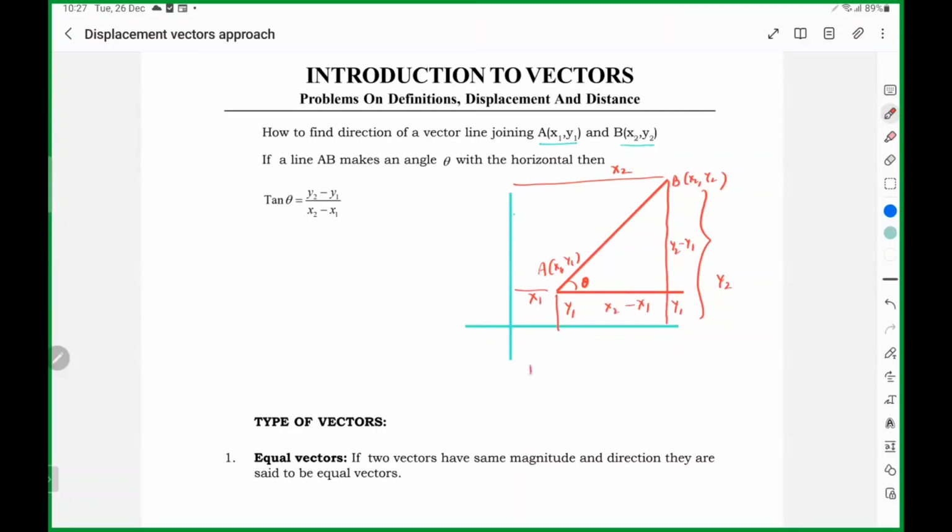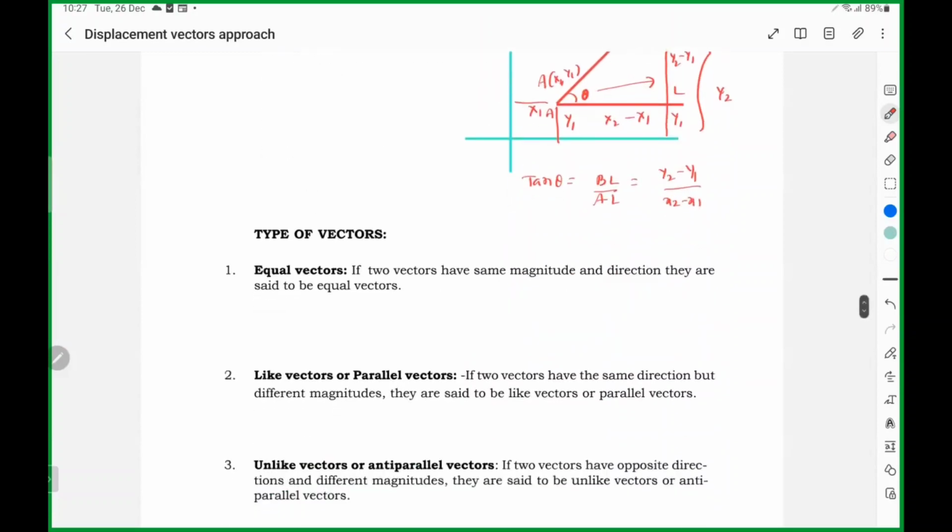So tan theta will be the opposite side to theta over the adjacent side, which is (y2 minus y1) by (x2 minus x1). Once you know 2 points, substitute here, we get the angle made by that line with the horizontal line.